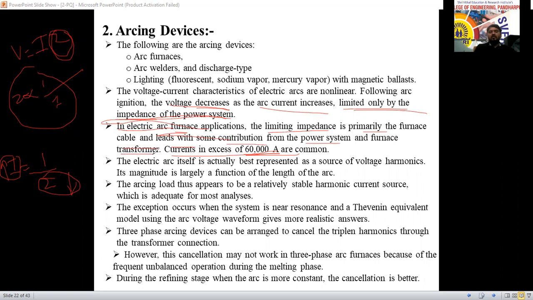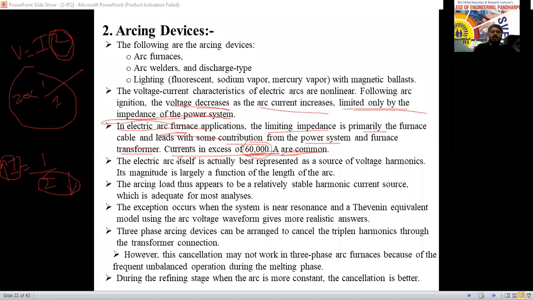We have to use the transformer over there to produce the high voltage. When the impedance reduces, the current will increase over there. So the current in excess of 60,000 amperes is common for the arc furnace.